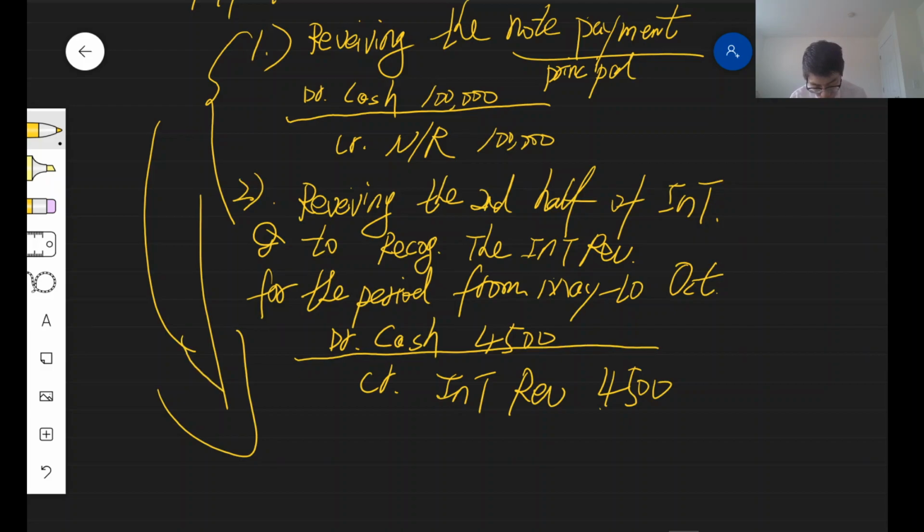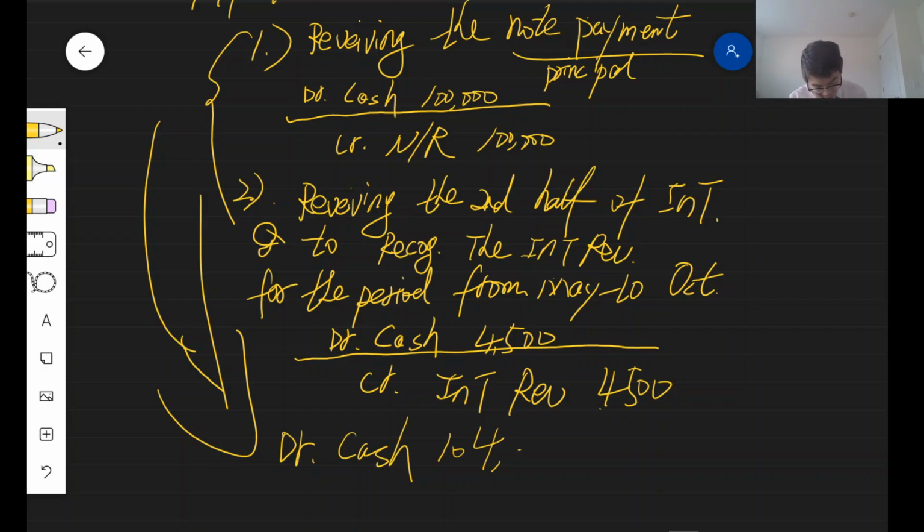So instead of two journal entries, we can make one single journal entry for these two different processes, and we debit cash for the sum of $100,000 plus $4,500, which is $104,500.